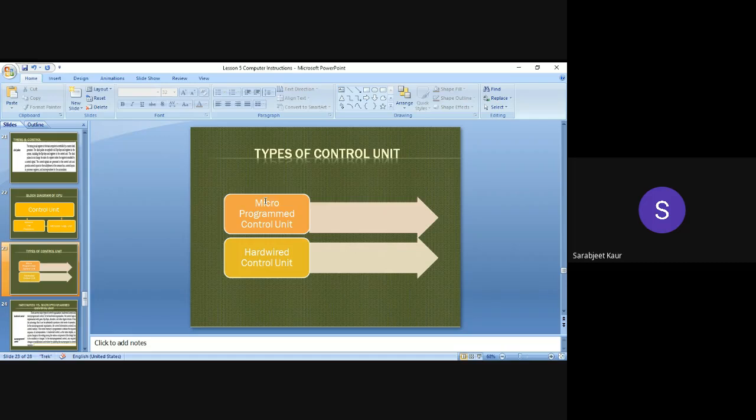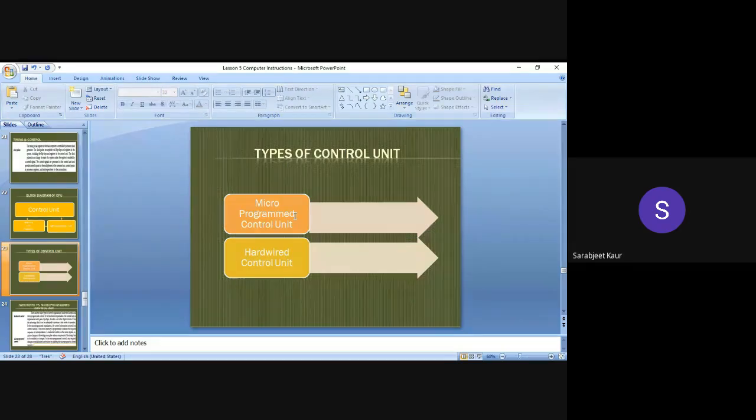I will be talking about the distinction between a micro instruction, a macro instruction, and a micro program. So what is a micro instruction? A micro instruction is any instruction which is operated at the very basic level, for example, at the register level.